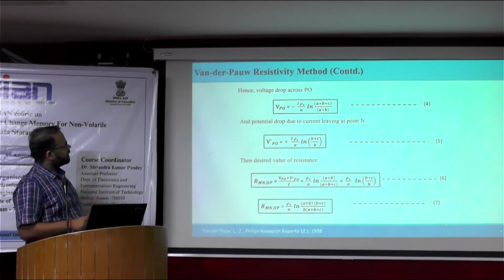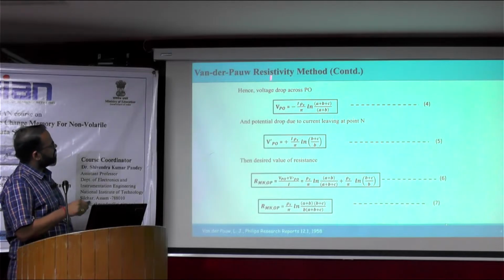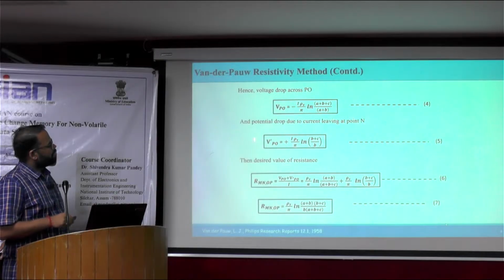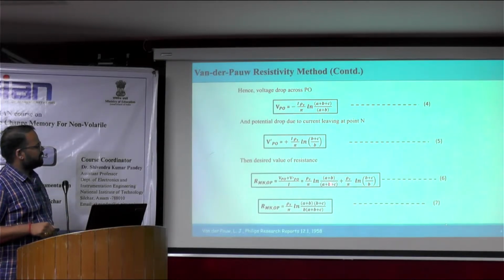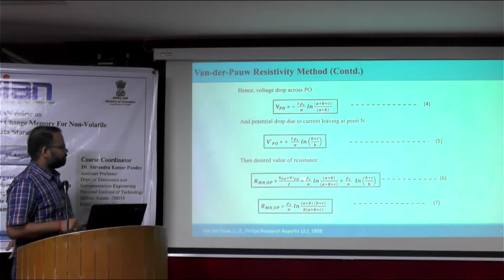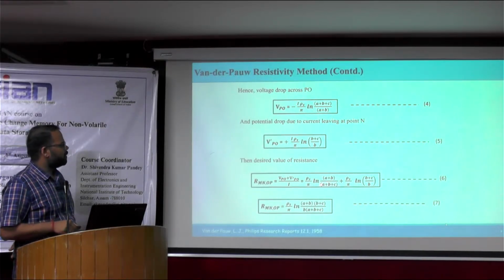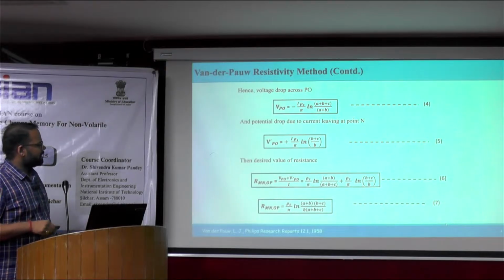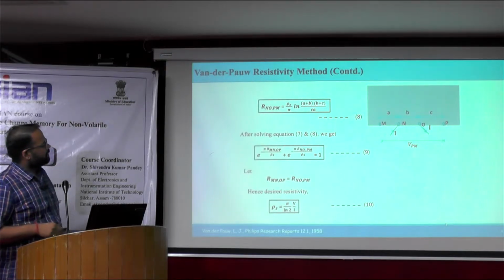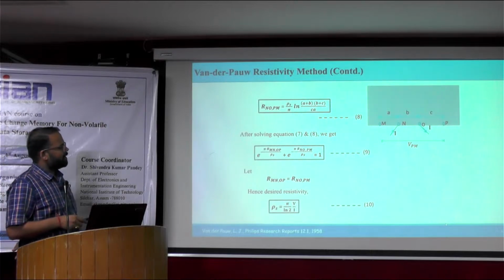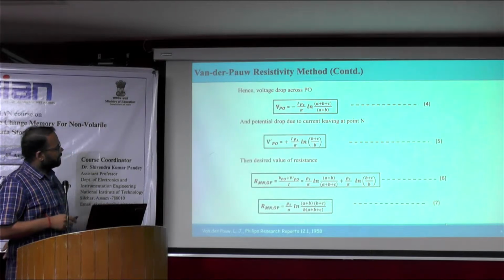It is some mathematical relation where you can get a potential drop due to current leaving at a point, and then we can get the desired value of resistance with this expression. They have some logarithmic values here with respect to this bias and current. After solving equations 7 and 8, what is 7?